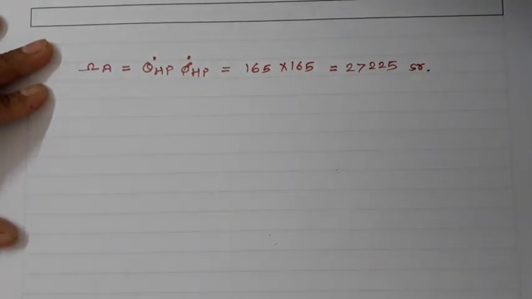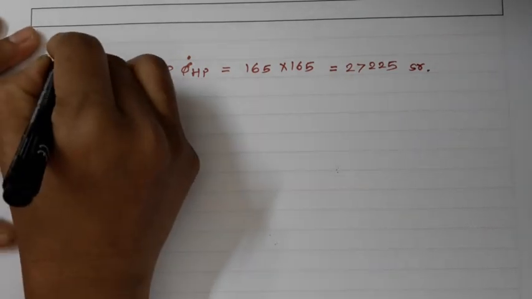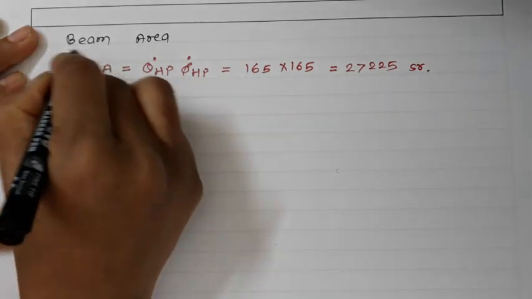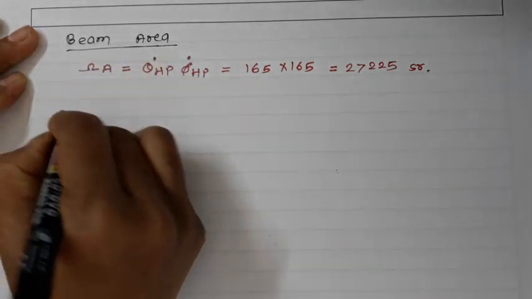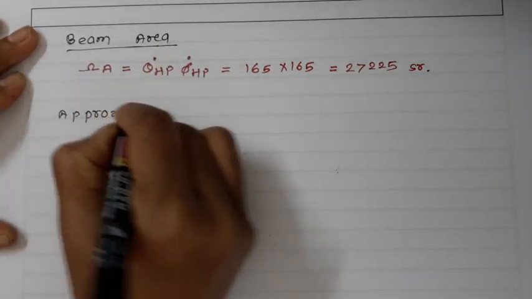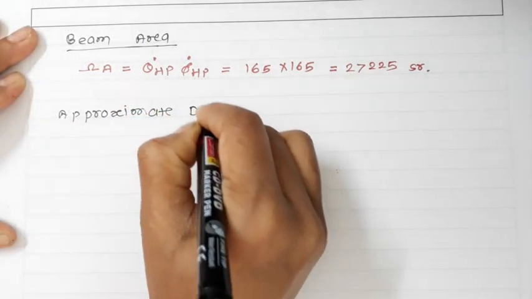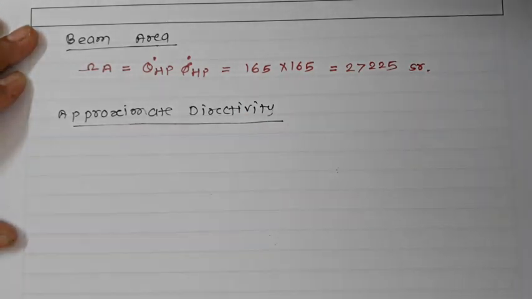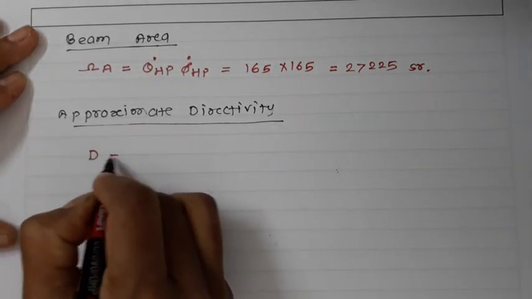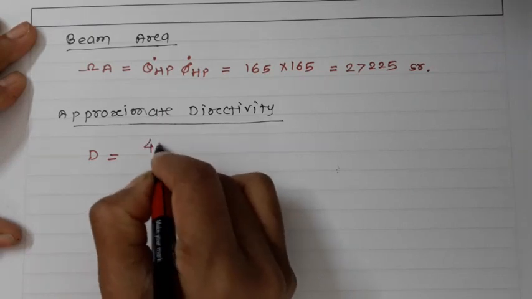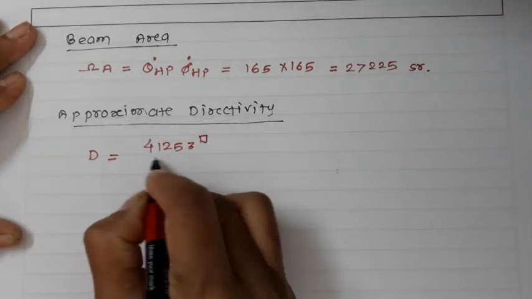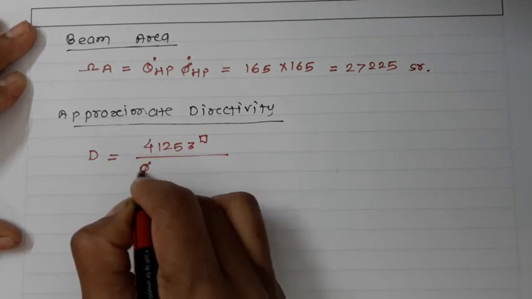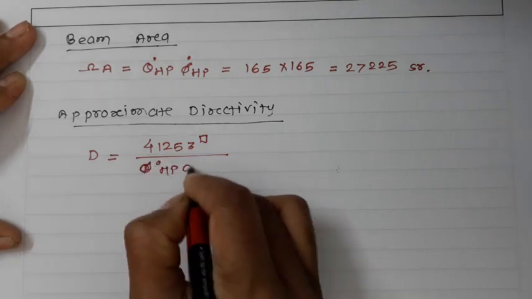Now how can I go for the approximate directivity? This will be calculated with the beam area. The approximate directivity can be calculated by this formula: D is equal to 41253 square degrees divided by theta HP and phi HP.